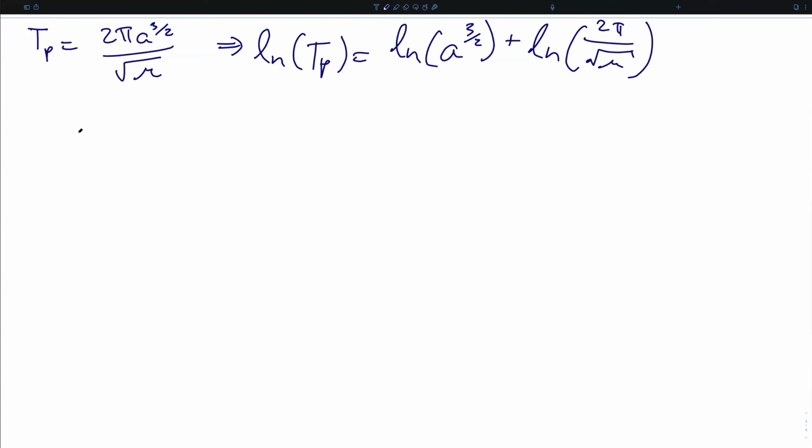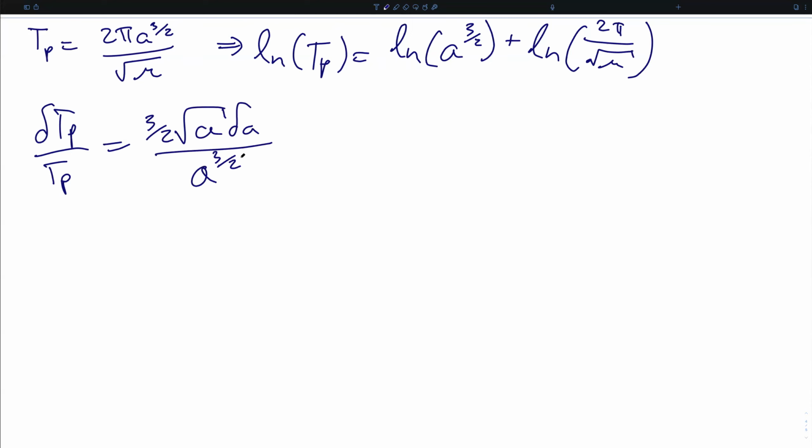And so the associated ratio of the variation in the orbital period scaled by the original orbital period of the circular reference orbit can be written as 3/2 da over a, which simplifies to, using our previous result for delta a over a, we can write.